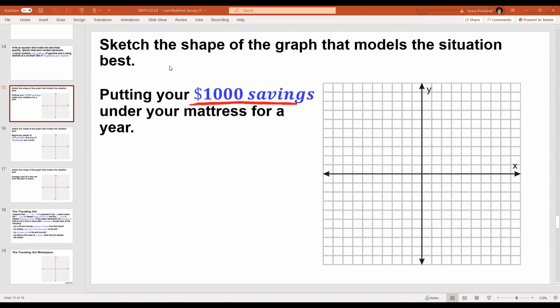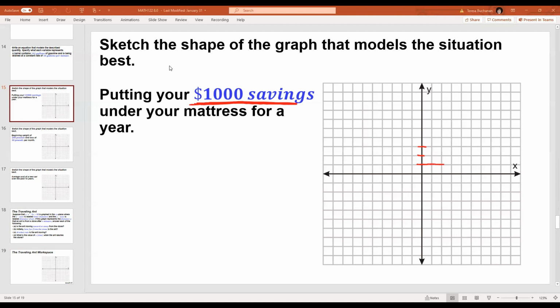So you put $1,000 under your mattress. So maybe my scale here is such that every 1, 2, 3 is thousands of dollars. So if I have $1,000 and I put it under my mattress for a year, well, after the first day, I have $1,000.